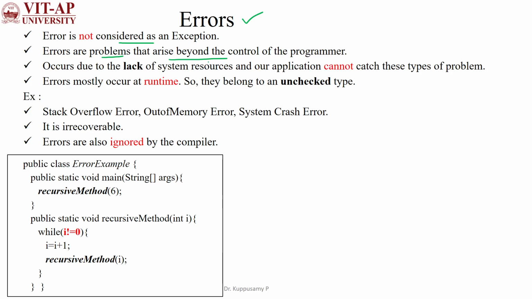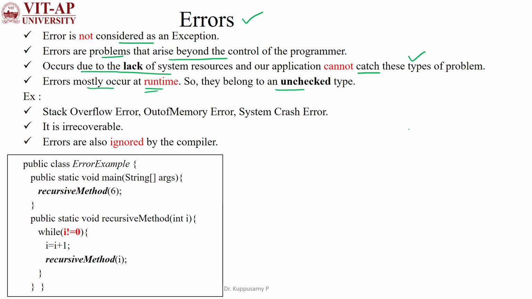Errors occur due to lack of system resources, and they cannot be caught by the code written by the programmer. Errors mostly occur during the runtime of the program.